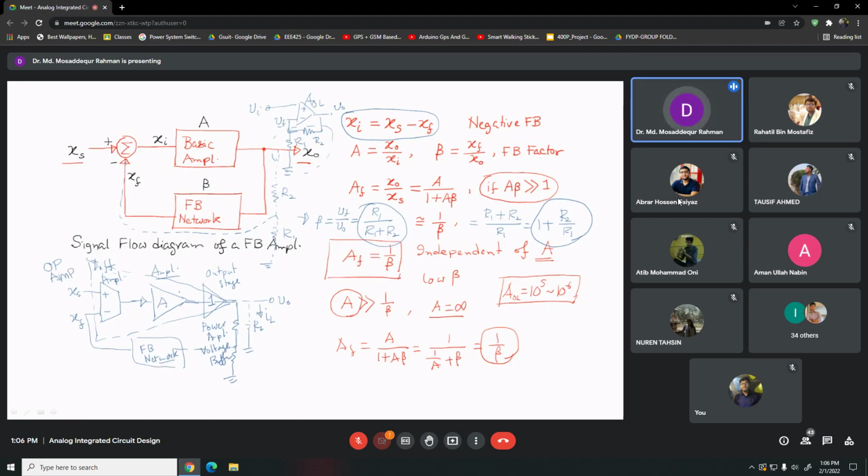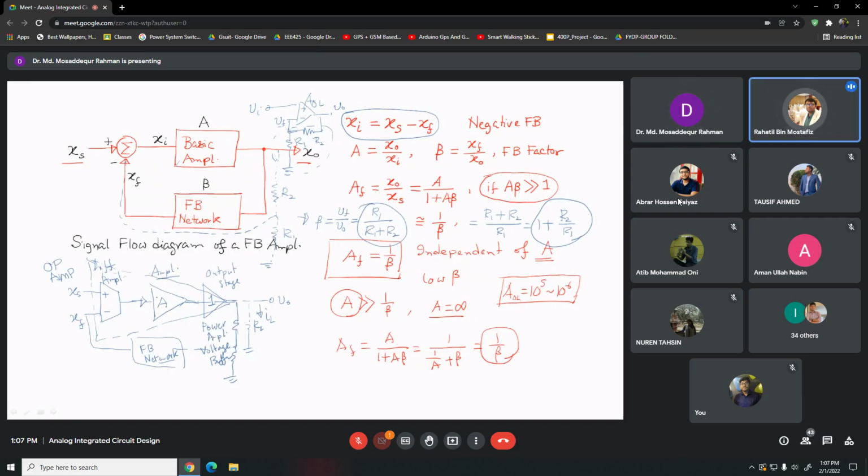So op-amp was basically developed to meet the requirement that is needed to implement this feedback amplifier. So then you can just add these two resistors externally, and you get your amplifier, which will give you a very precise and stable gain. Any question, guys?